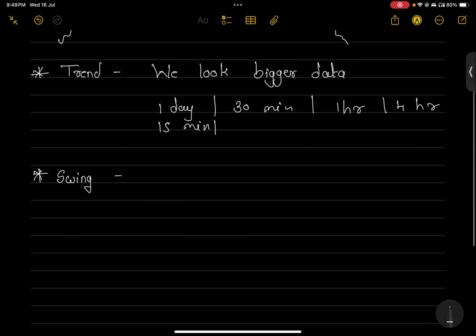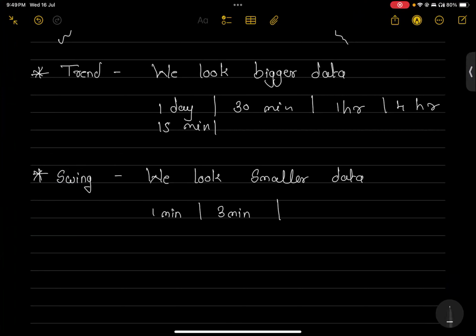So here we look at smaller data. Smaller data means what? 1 minute time frame, 3 minutes time frame, 5 minutes time frame. I am talking about options trading right now. I'm purely talking about trading.